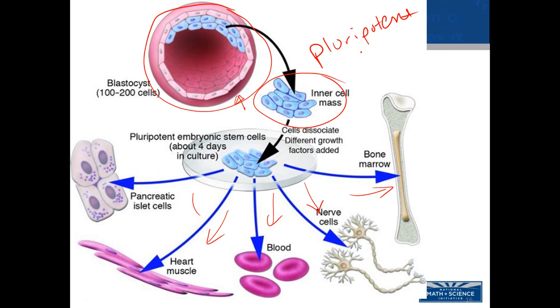And at this point in time, these cells are about 4 days old. When they get to be much older than that, then determination has occurred, and they no longer will be pluripotent.